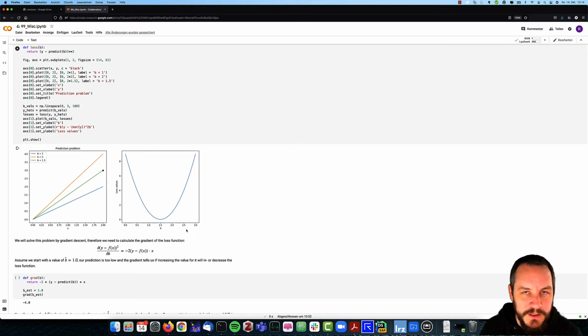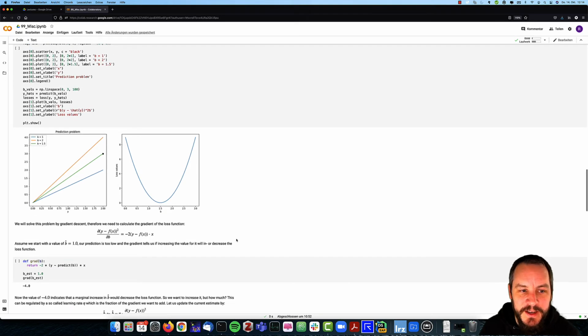And we can do this, in theory, with every guess that we would have for b. We can do this for 2, for 2.5, and for 3, and so on. And you can obviously see, and you wouldn't need any numerical technique here in order to find out the best value for b, which is 1.5, but you can see, depending on the value of b we are using, the value of the loss function gets bigger the more it deviates from the value of 1.5.